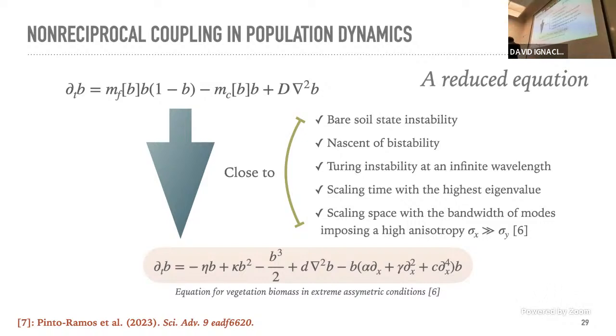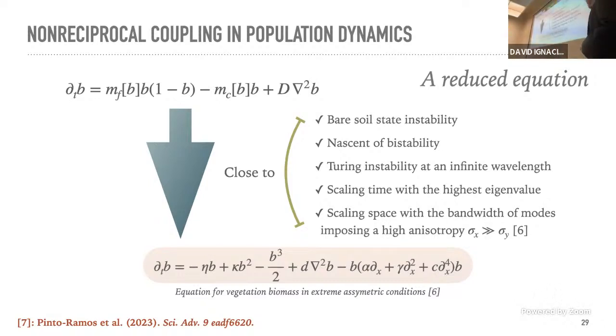a simpler equation to try to describe this. So we pick up this interaction redistribution model, and close to all these conditions that are explained in this reference, I was able to derive this equation that I baptized for this occasion the equation for vegetation biomass in extreme asymmetric conditions, or extreme anisotropic conditions.